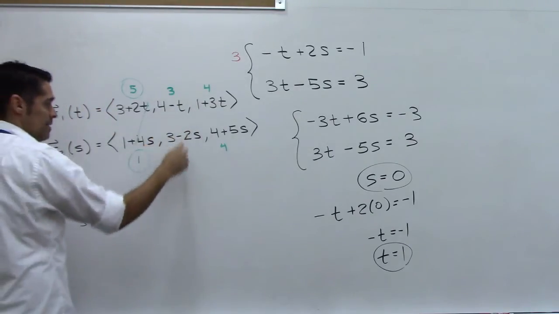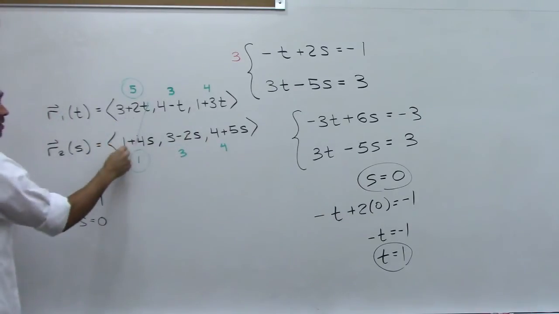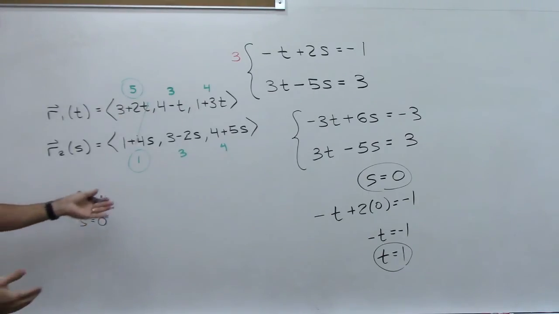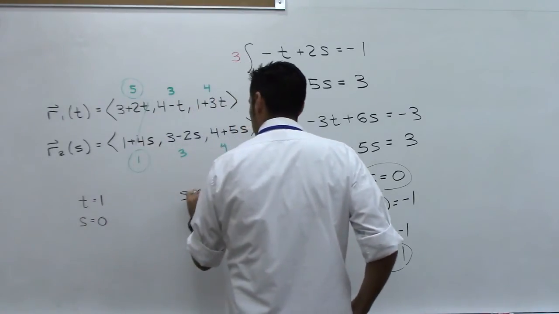But if that's what has to happen to make these two match, then this also needs to work for this, but it doesn't. Therefore, these two lines cannot possibly intersect. I can't find a t and an s that works for both, or works for all of these. So they don't intersect. And if they don't intersect, then it's a skew. It's a skew line.